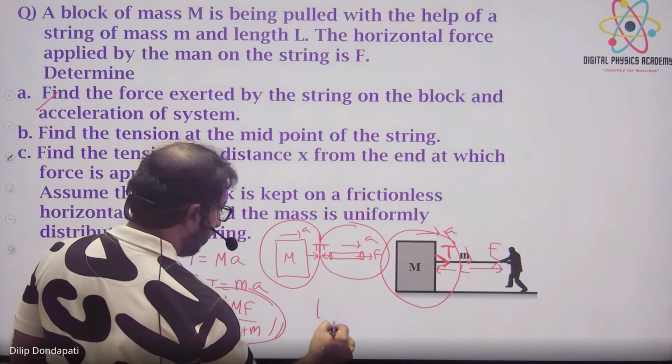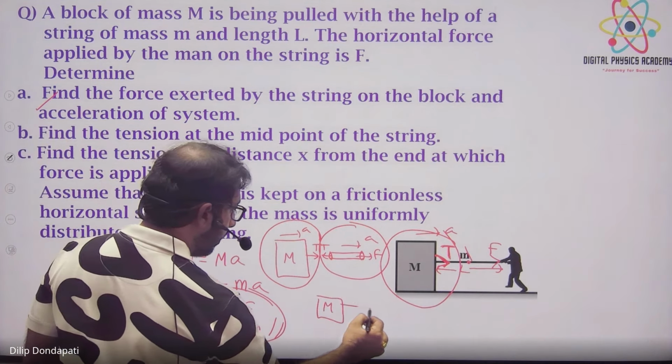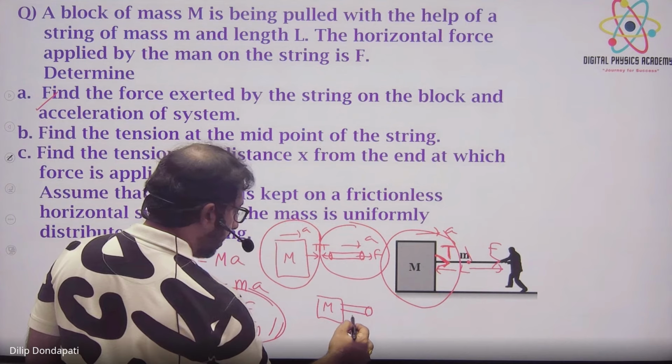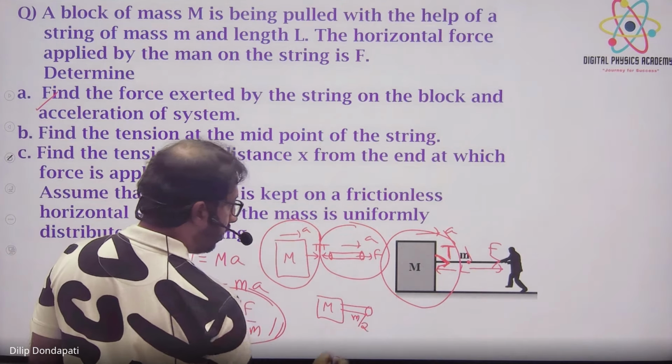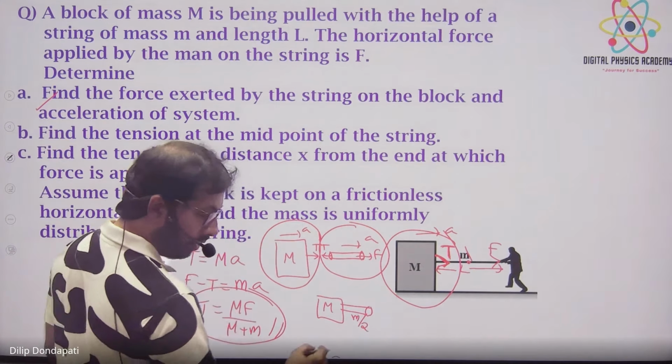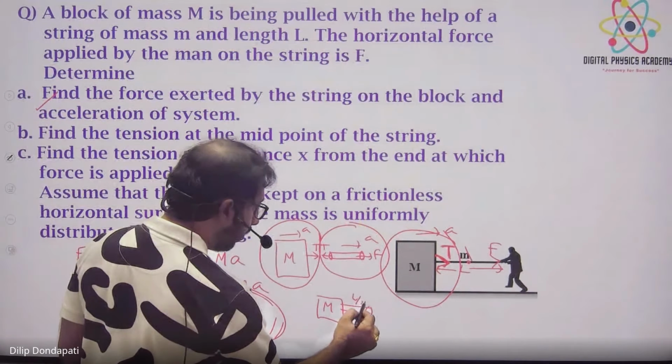This is a mass M, and the string up to here has mass m by 2. It has become half, right? And its length is also l by 2.